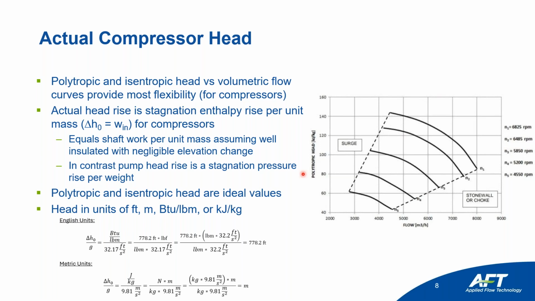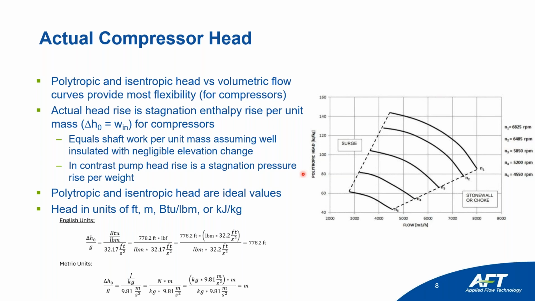For a compressor, the actual head rise is the stagnation enthalpy rise per unit mass for that compressor, which equals the shaft work per unit mass if you assume the compressor is well insulated and that it has a negligible elevation change between its inlet and outlet, which it almost certainly has. I don't think I can envision a compressor where the elevation change would be non-negligible.